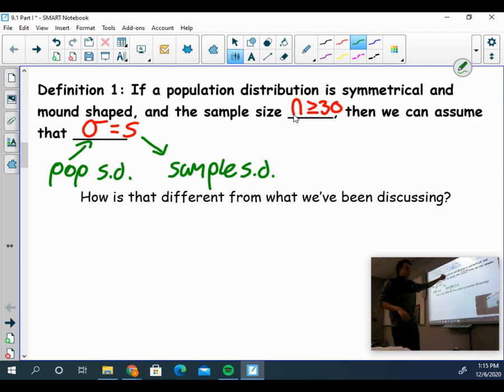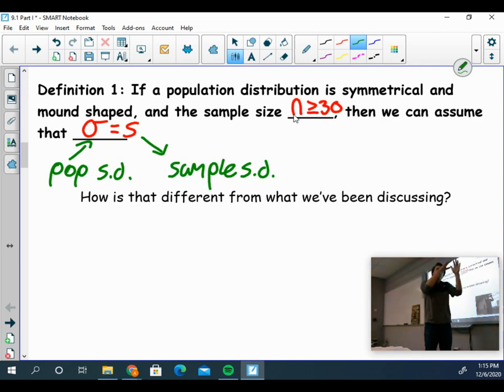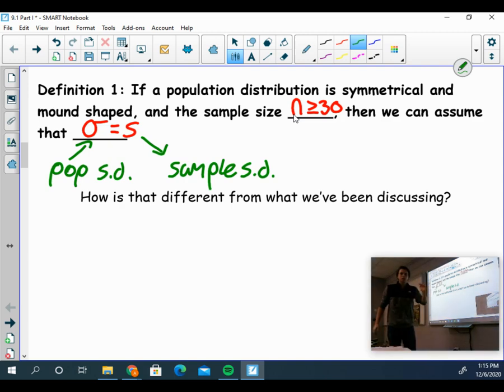If I know all the fish in the pond have a roughly normal distribution, then I take a sample, I catch 30 fish, and I find the standard deviation of those 30 fish, that will equal the population standard deviation. That's what this definition says.